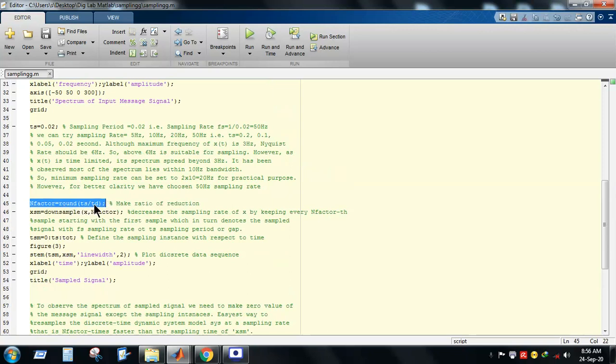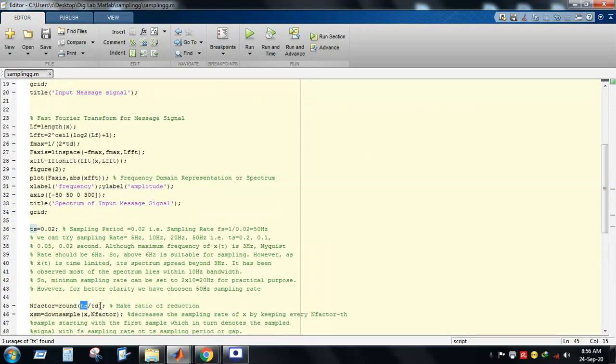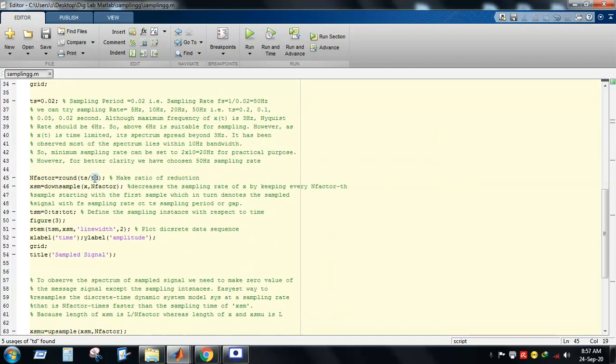So ts by td is defined as the number of samples which we want to observe in the time domain representation of the sampled signal. Here ts is the sampling period, and td is the time gap between two instants of the original signal.